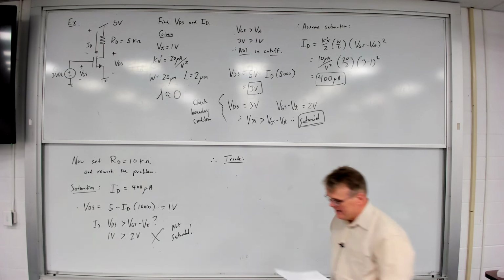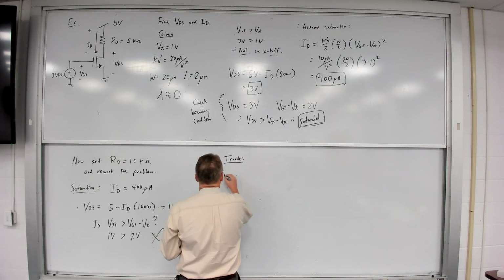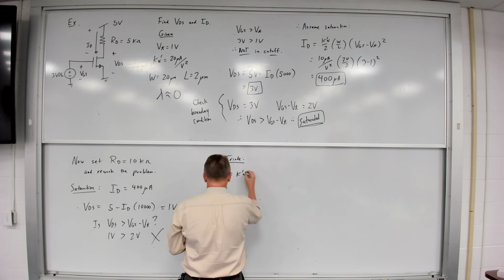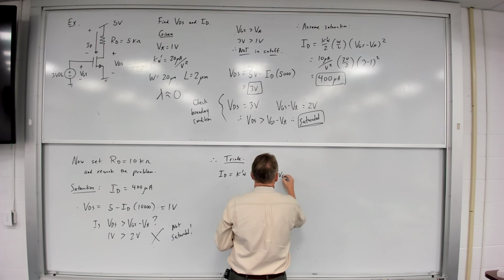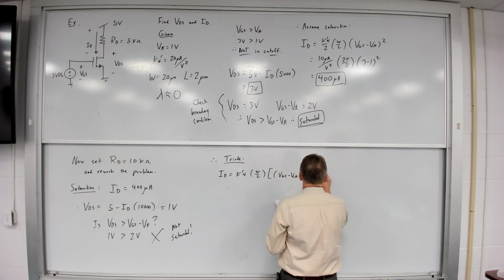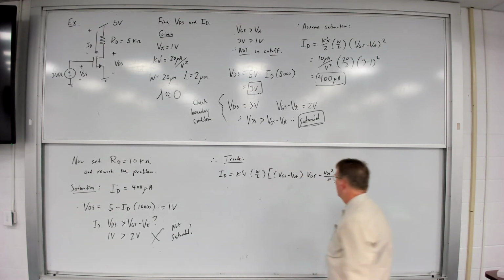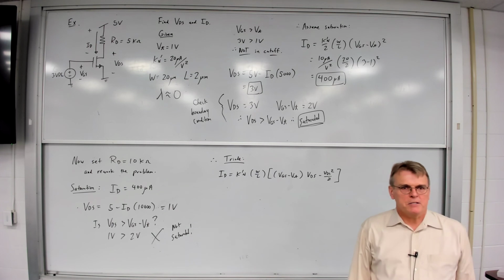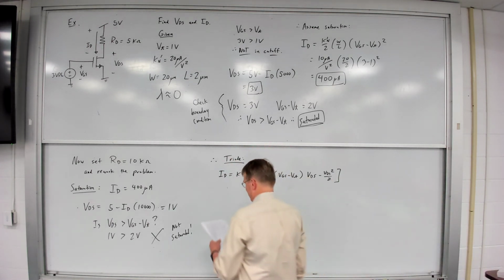And therefore, ID must be equal to K prime N times W over L times VGS minus VT times VDS minus VDS squared over 2. Problem is I can't solve that equation by itself. I need to also add the VDS equation.